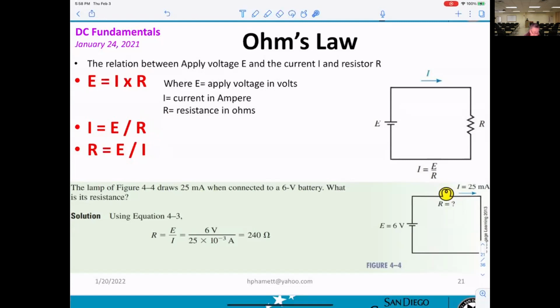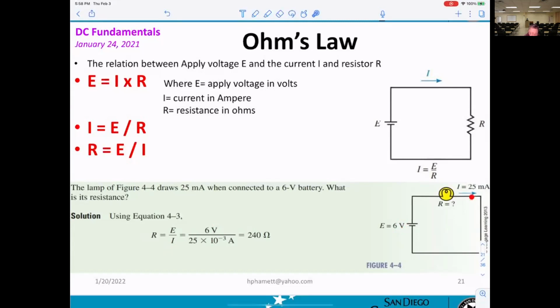Now, this is the lamp right here. It draws 25 milliamp when connected to a 6-volt battery. What is its resistance? So they're looking for resistance. You use R equals E divided by I. E is 6 volt, that's okay.